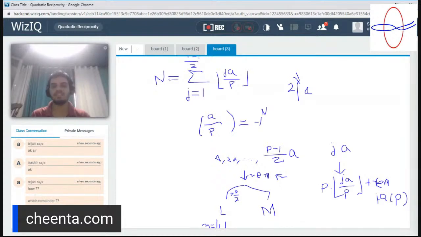Isn't this just equal to ja? This is just the division theorem. We're dividing it by p, and this is the quotient, and this is the remainder left. I hope this is clear.